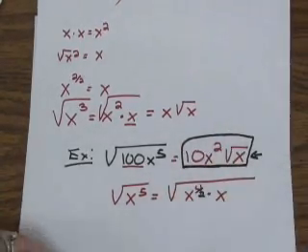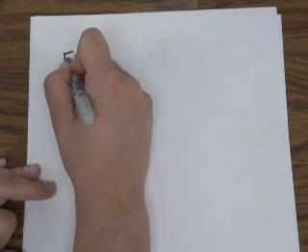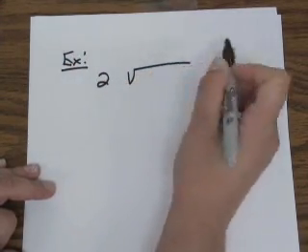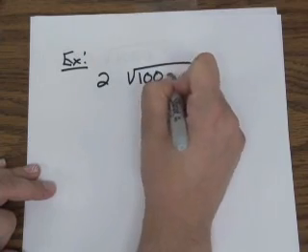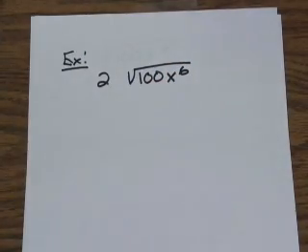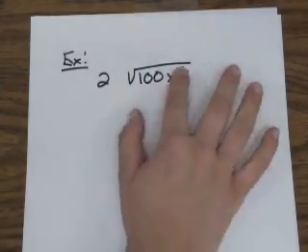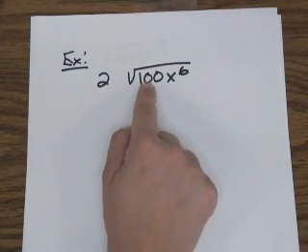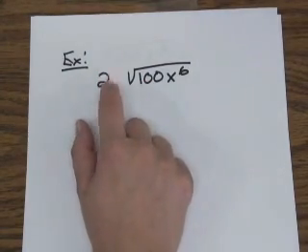A few more. What if the problem you have, again, we'll use something very similar, has a number in front of the radical? Now, in problems like this, what happens is, once you find the square root of anything that's underneath the radical symbol, it gets multiplied by whatever is in front of here.